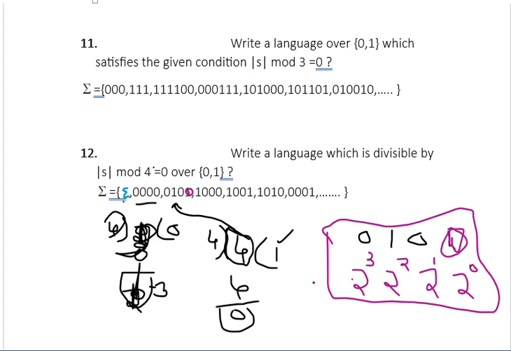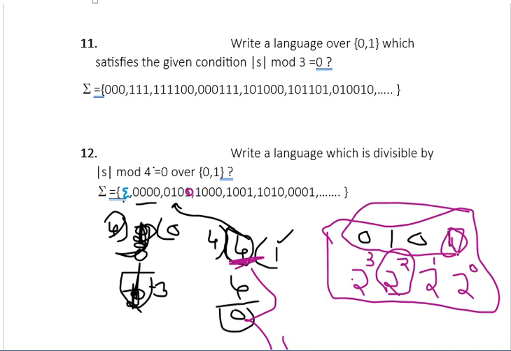Now we are getting 4. How can we represent 4 in powers of 2? 2 power 2, that is 2 squared, is nothing but 4. So 2 power 2 is at the third position. At the third position you have to keep a 1, and the remaining places can be filled with 0. In this way we can represent it with zeros and ones.